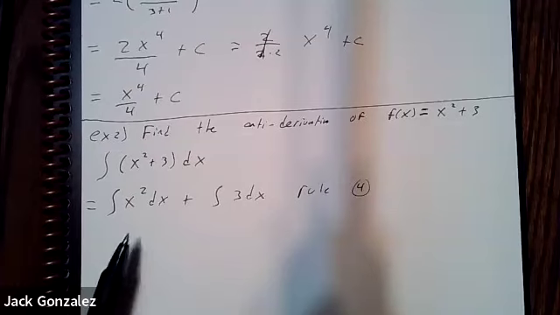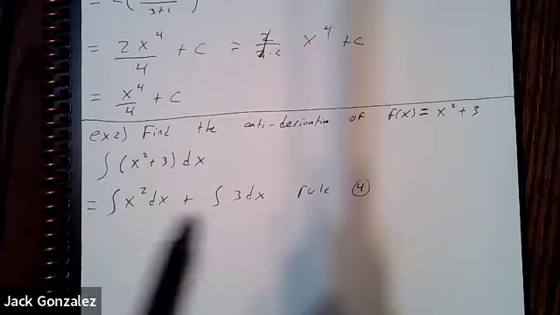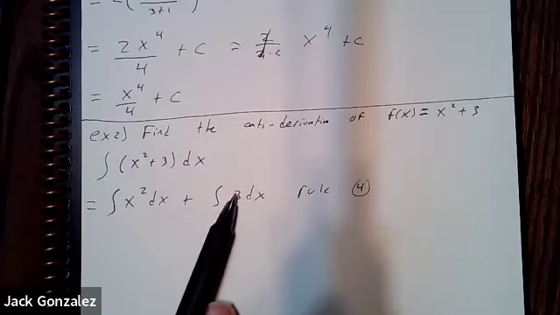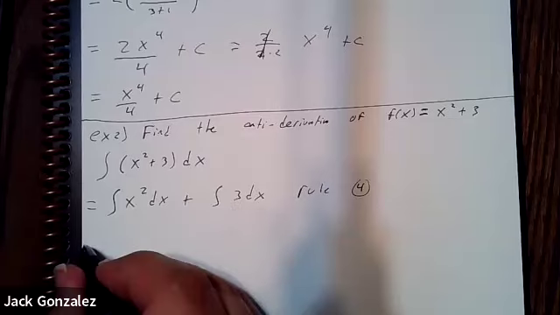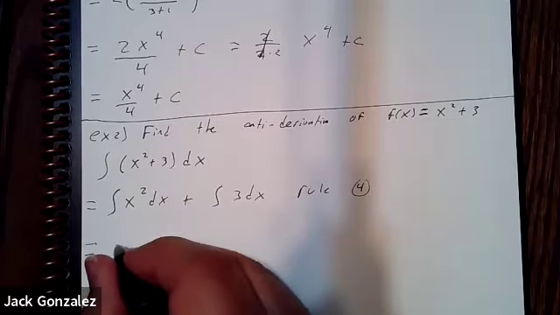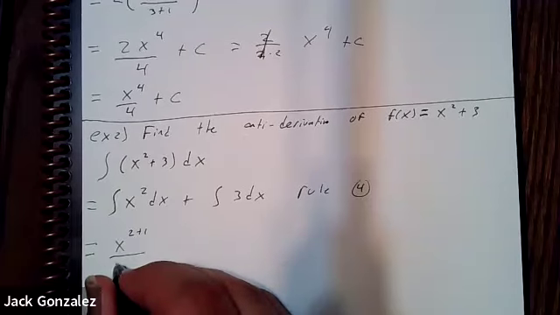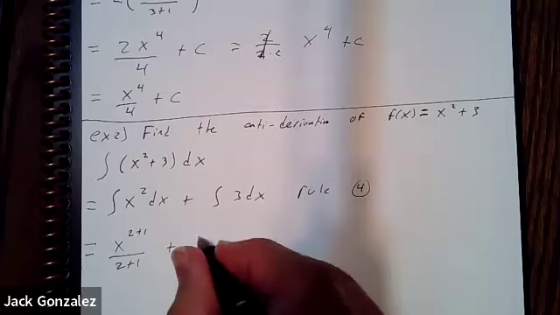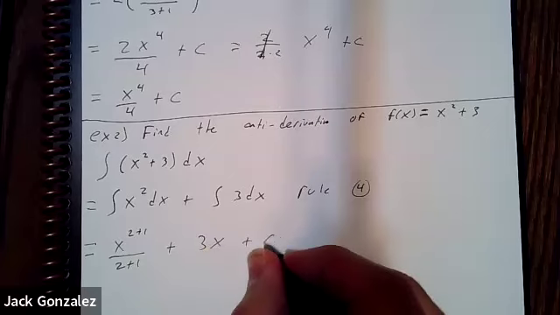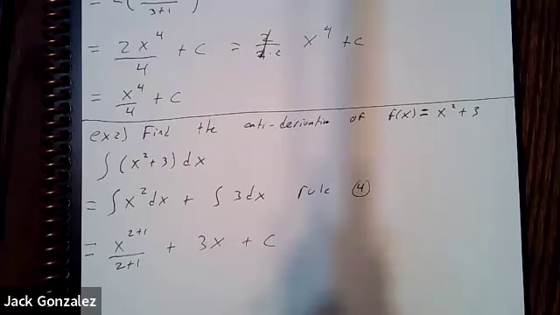So now just do the power rule on this one. And then integrate this using, I think, rule number 1 or 2, I forget. That would be x to the 2 plus 1 over 2 plus 1 plus 3x plus c. When you separate it, I recommend just adding a single c at the very end.